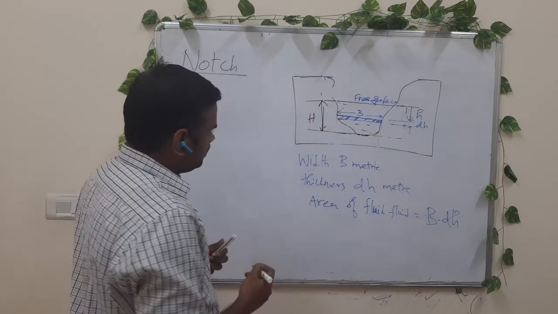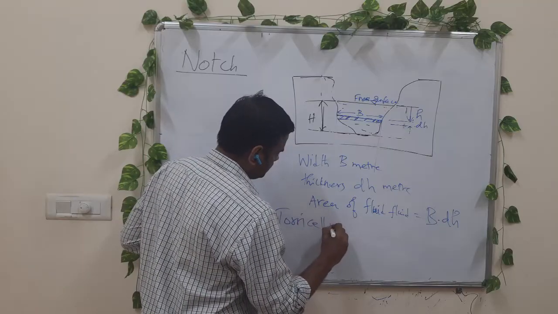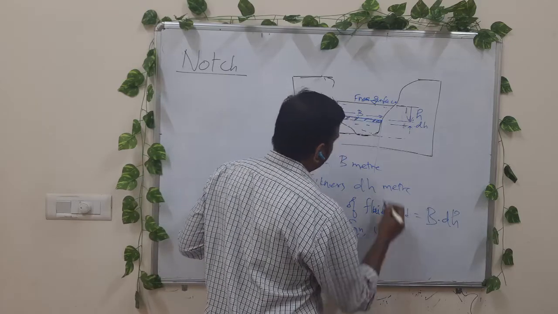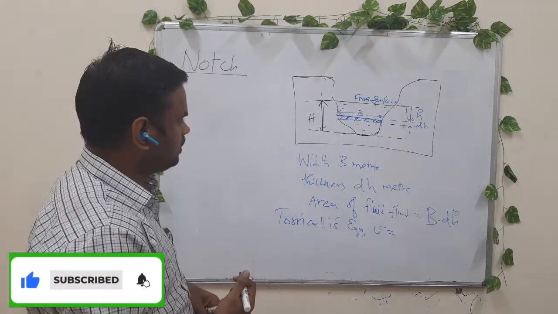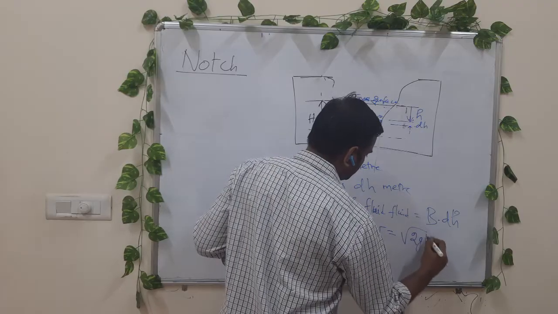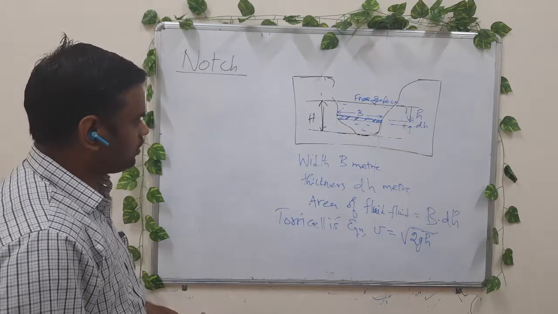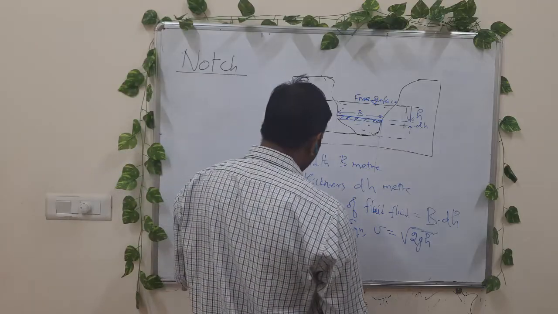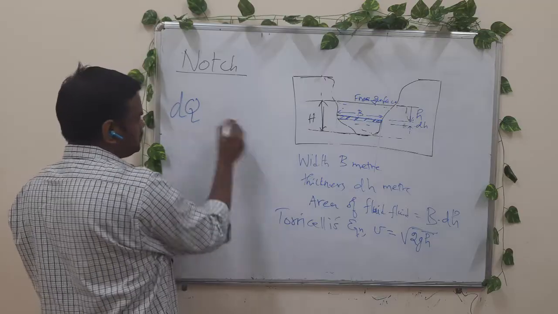Now, from Torricelli's equation, we know the velocity through this height dh is given by square root of 2gh. What is the discharge dq through this stream?